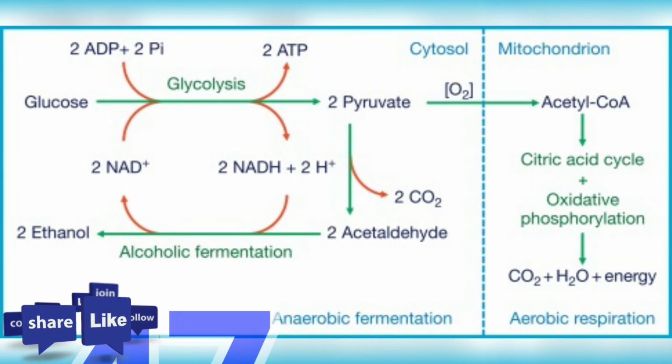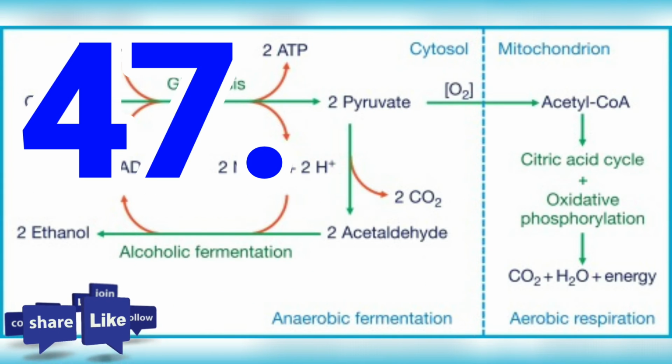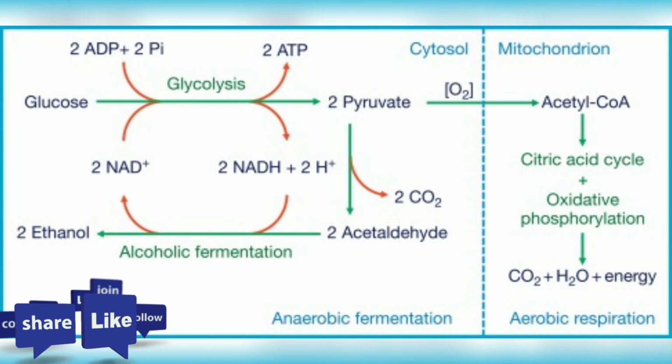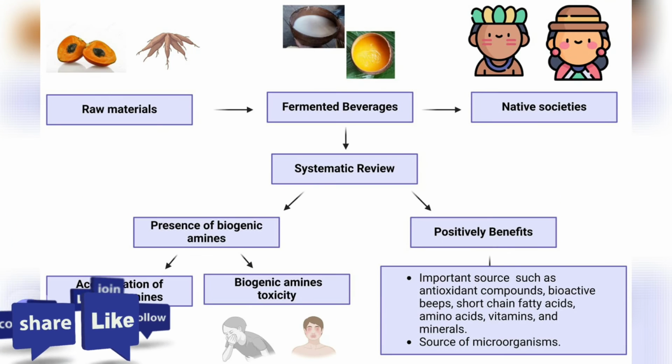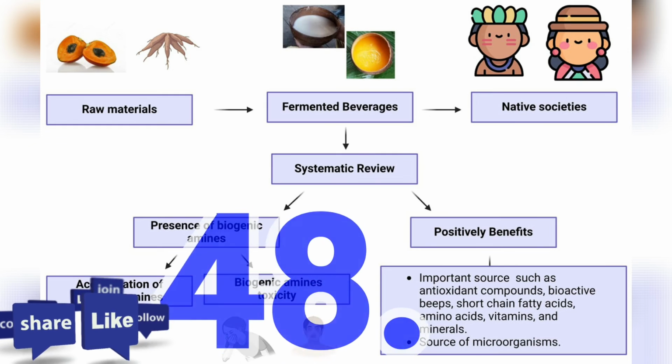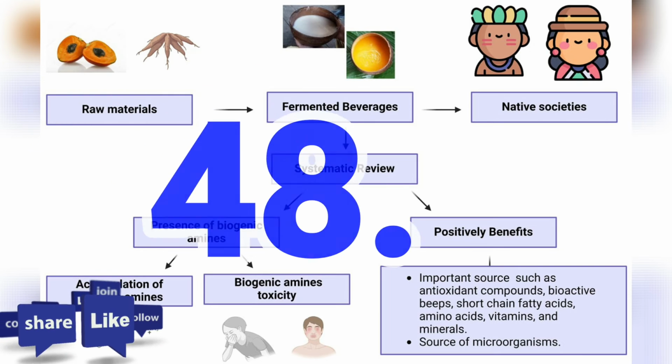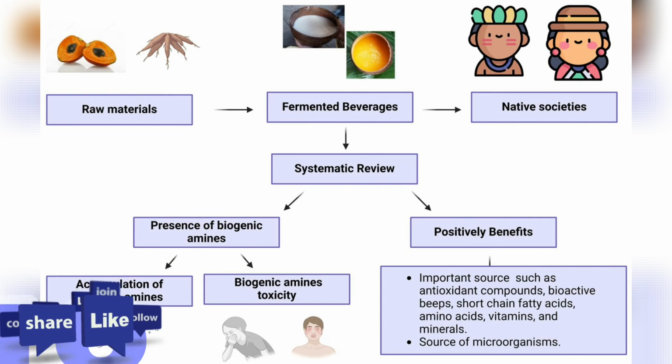In fermentation, the net or total or direct gain of ATP is 2 ATP. Some naturally fermented beverages, also called alcoholic drinks, have about 13% alcohol concentration, as yeast poison themselves at this concentration.